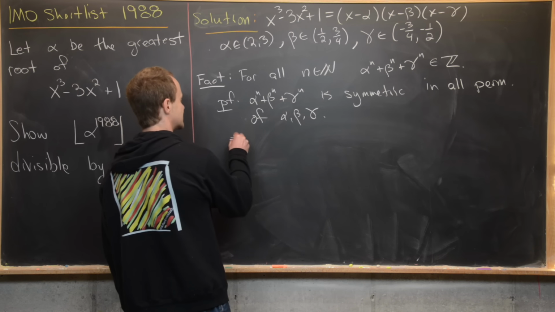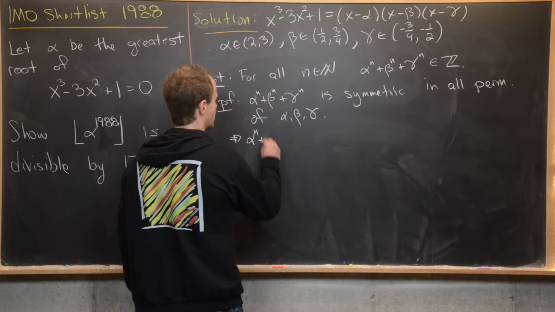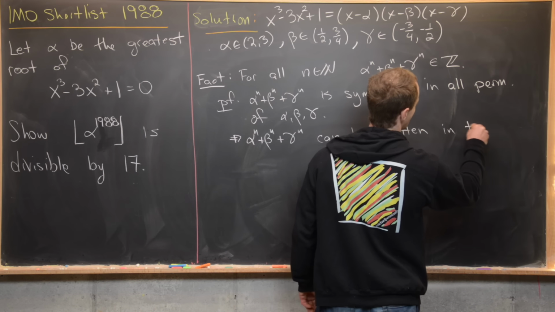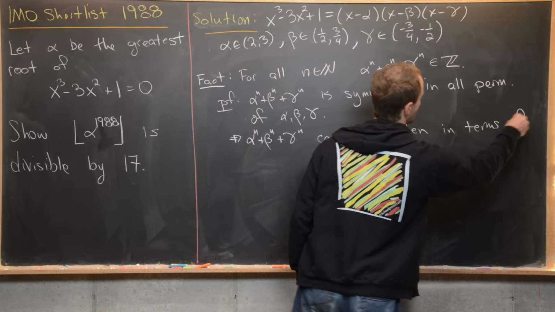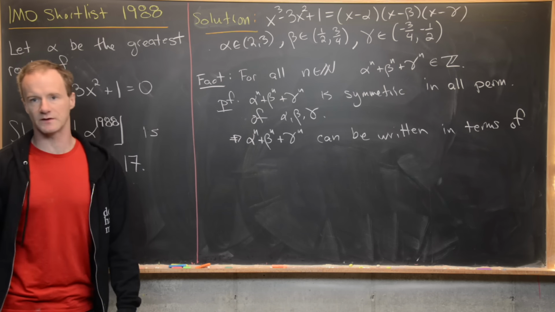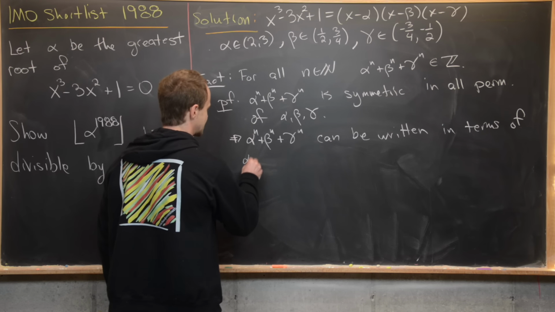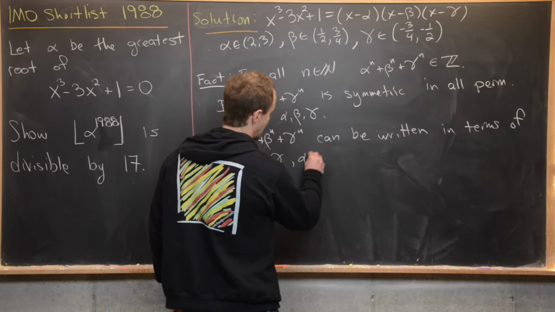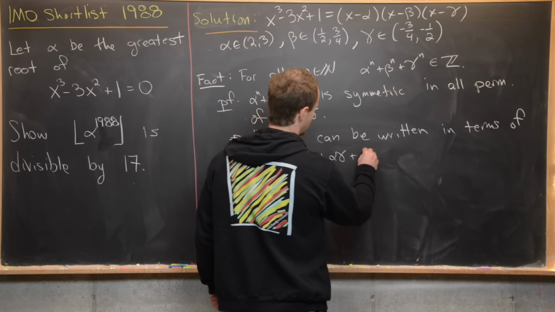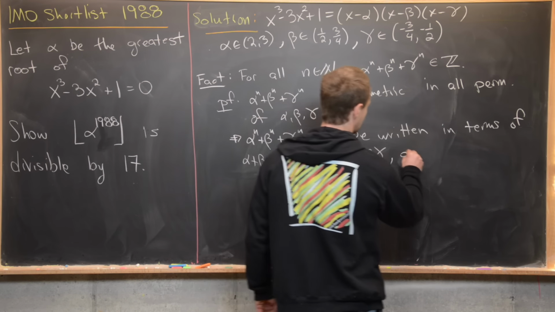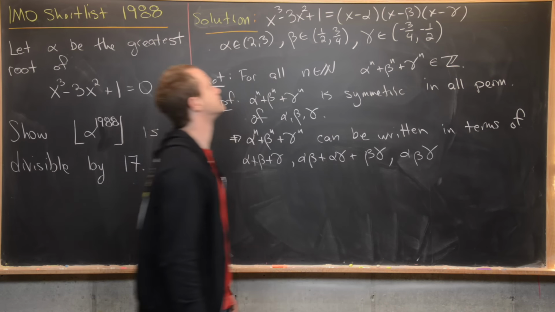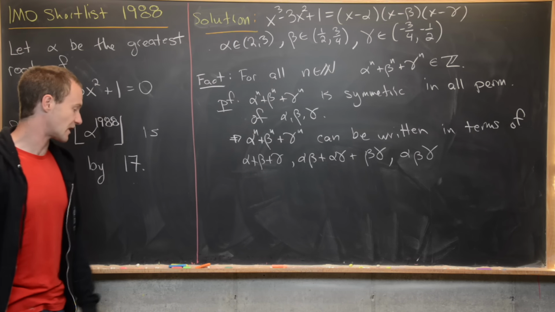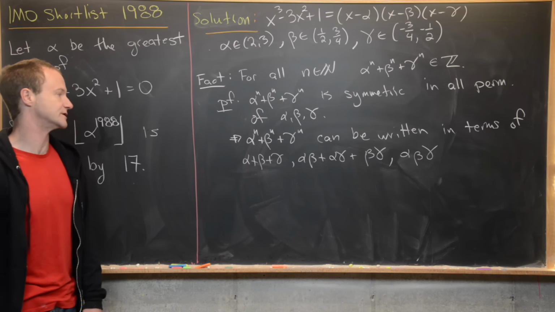So what that tells us is that we can write alpha to the n plus beta to the n plus gamma to the n in terms of the elementary symmetric polynomials in alpha, beta, and gamma. So that's alpha plus beta plus gamma, alpha beta plus alpha gamma plus beta gamma, and then finally alpha beta gamma.